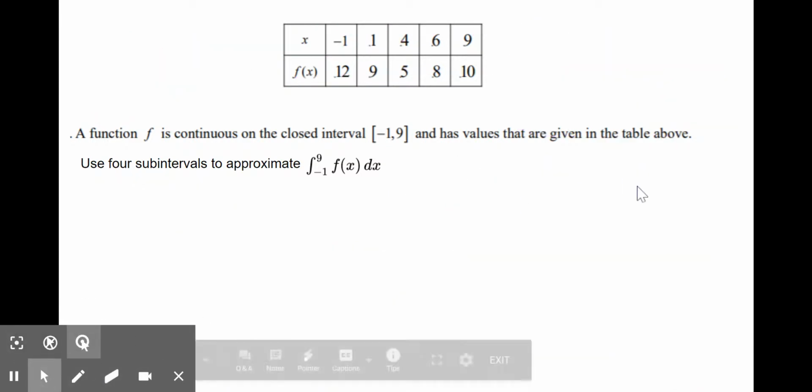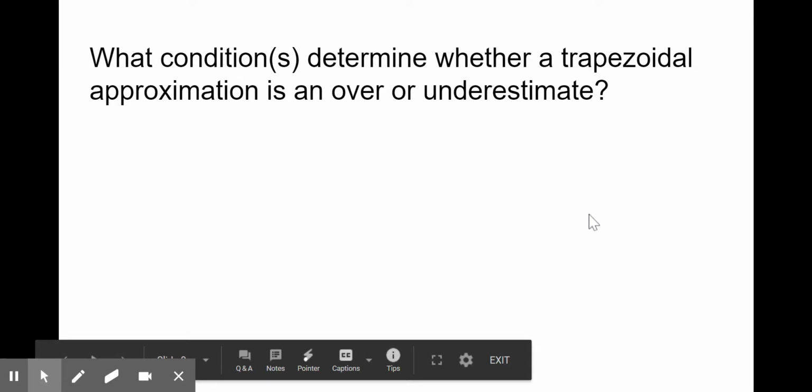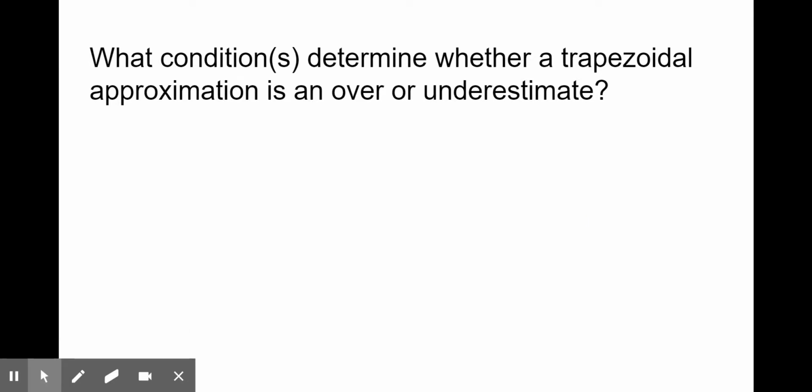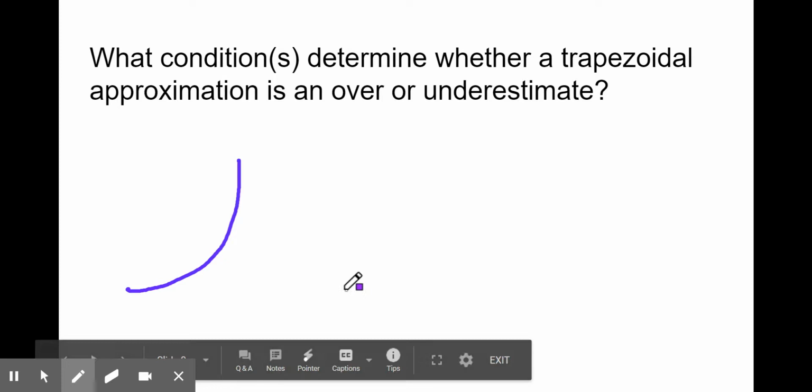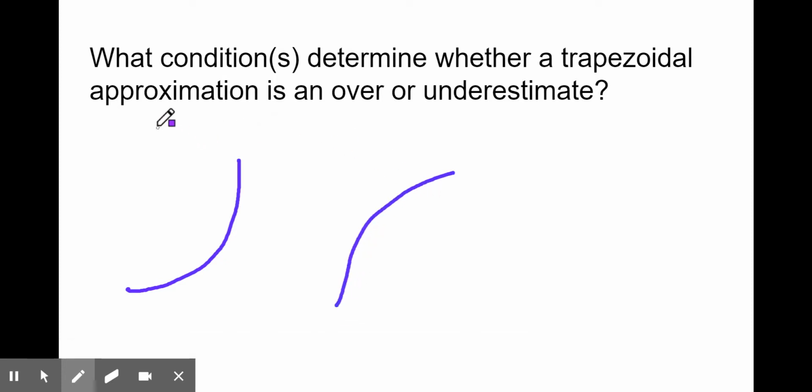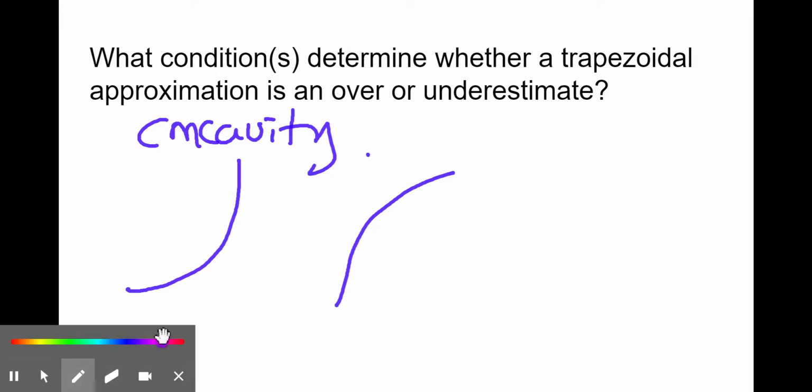And what condition or conditions determine whether a trapezoidal approximation is an over or an underestimate? That is this. It is the concavity. The concavity is what determines that.